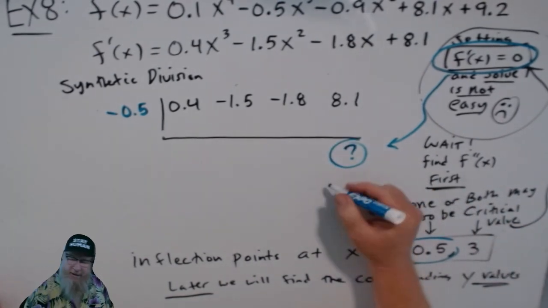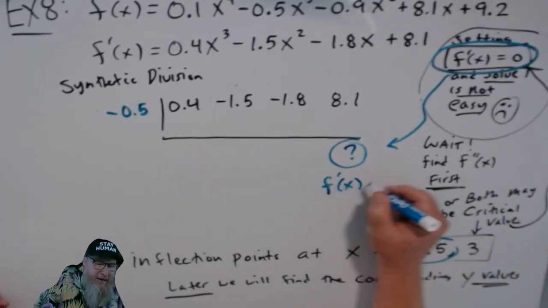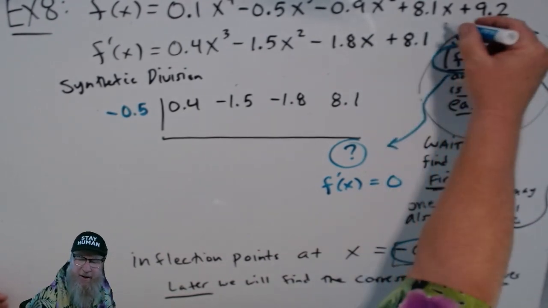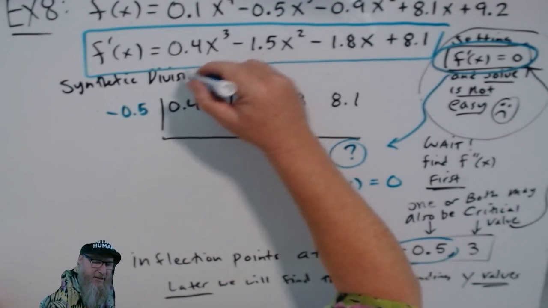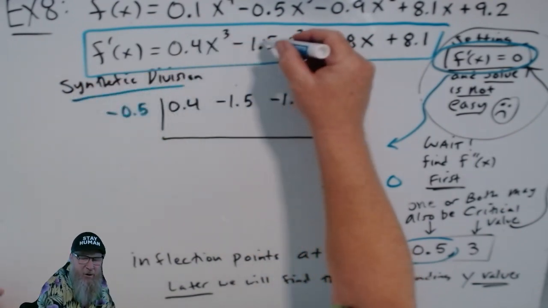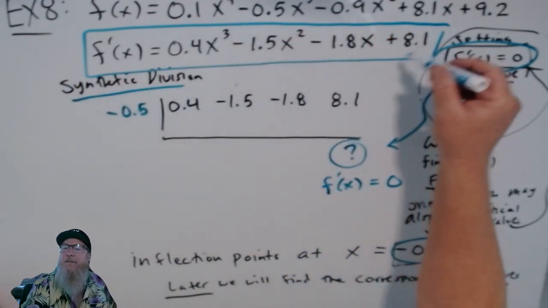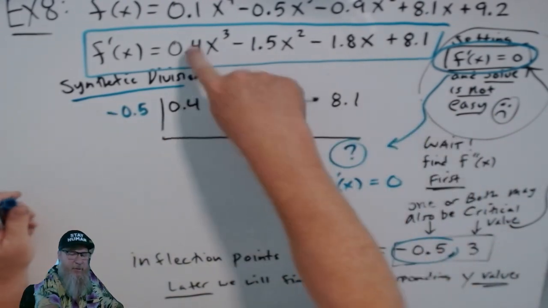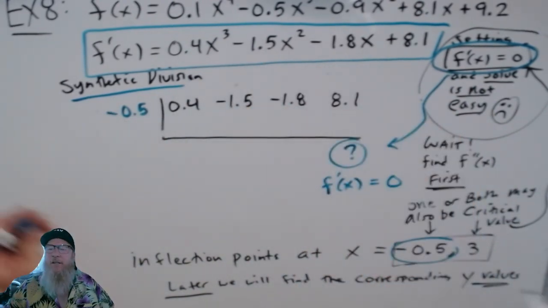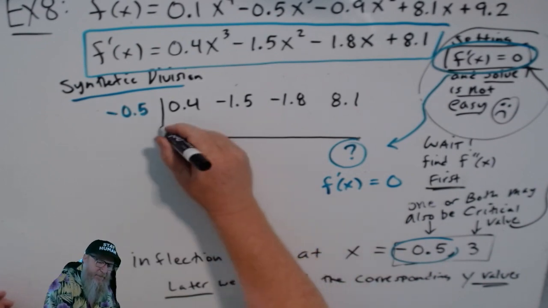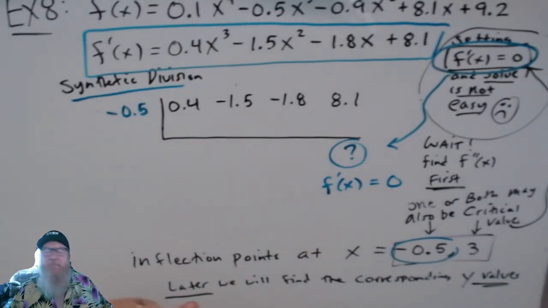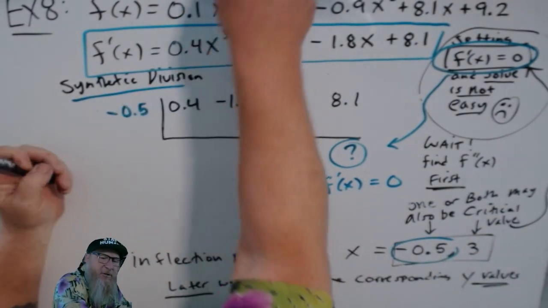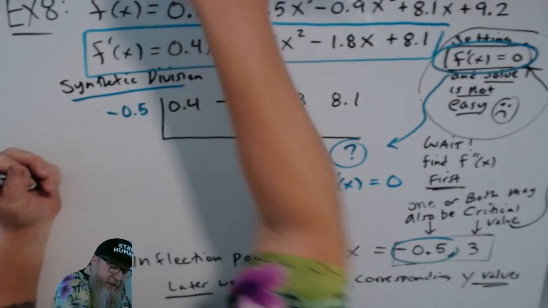So we're hoping that f prime of x is equal to 0. This is our f prime here. So in synthetic division, you take out all the coefficients, removing the x's, put the coefficients into this division algorithm box here, or division bar, it's sometimes called. You put a 0 here.